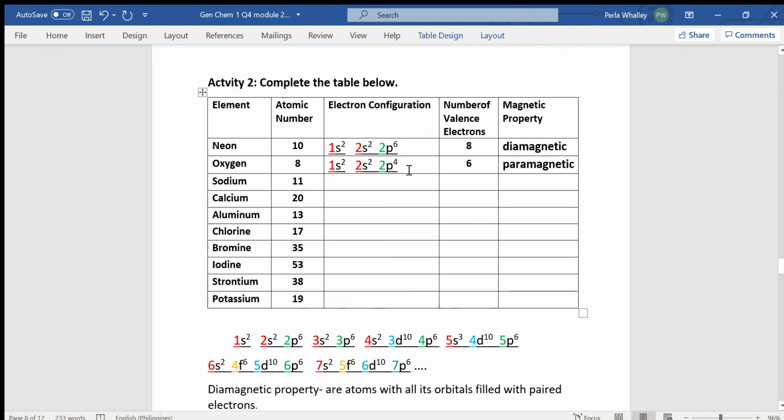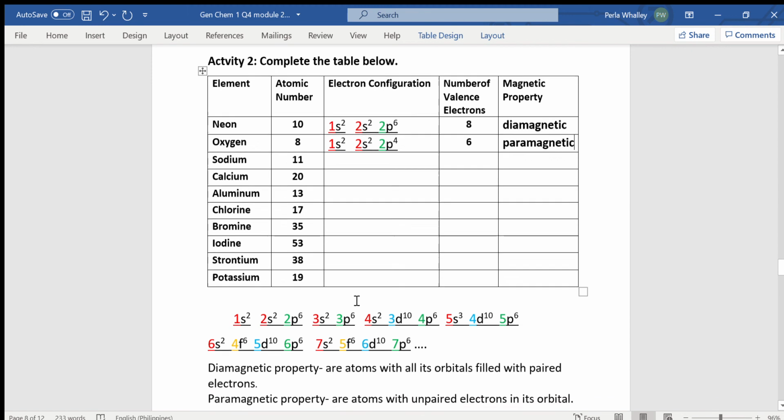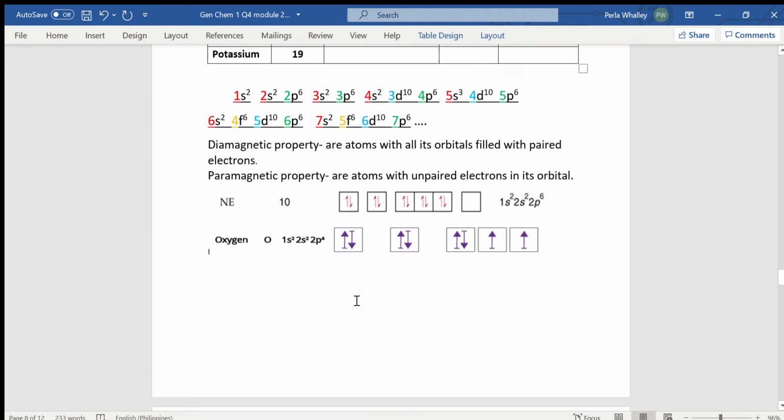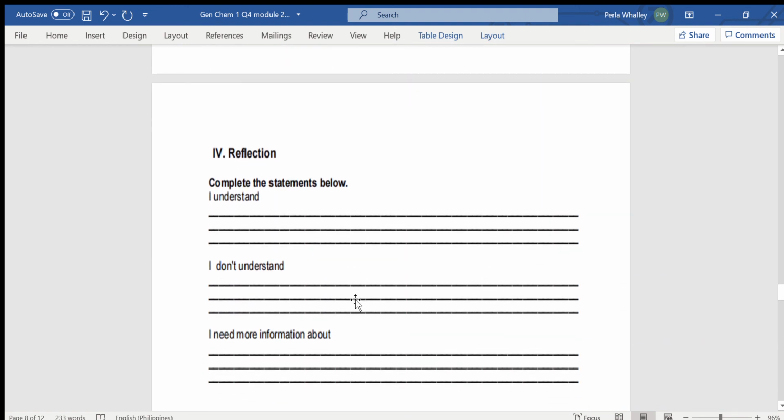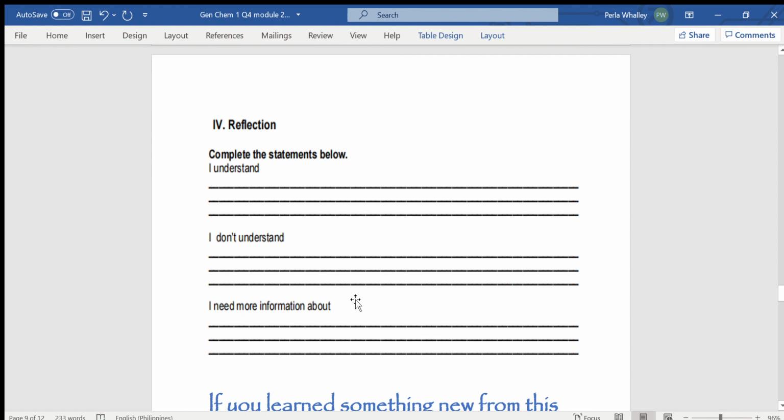Understand? Okay, so you do sodium, calcium, aluminum, chlorine, bromine, iodine, and strontium. And then after that, you can answer the reflection, compare the statements, complete the statements below: I understand, I don't understand, I need more information about.